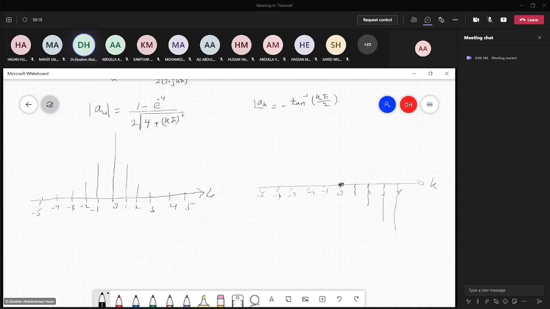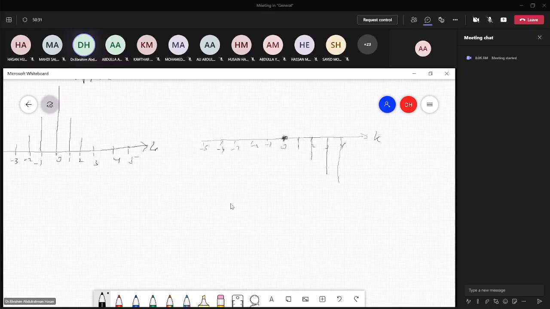When k is very large, it becomes tan inverse infinity, and tan inverse infinity is equal to 90, multiplied by minus, so it is minus 90. So at the end you get a constant, which is pi over 2.